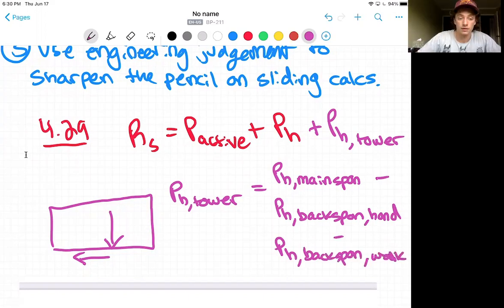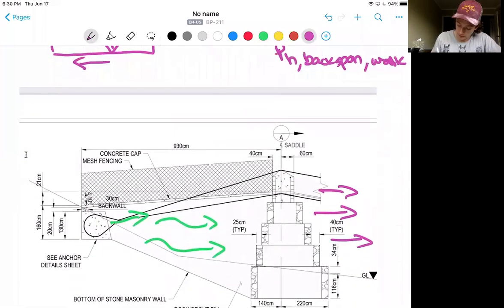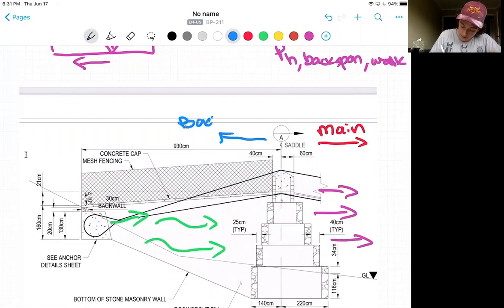So basically, if we're looking at the tower here, we're going to have our main span forces and our backspan forces. And the main span minus the backspan forces is going to create that PH tower term.